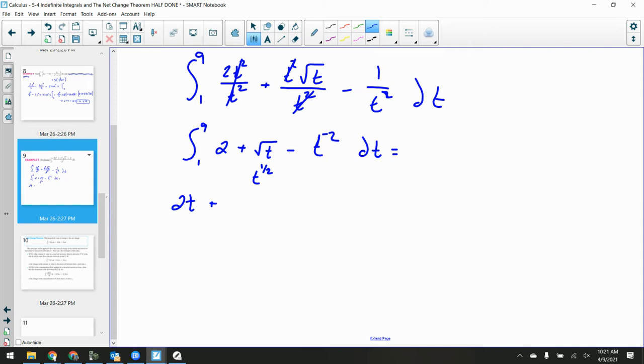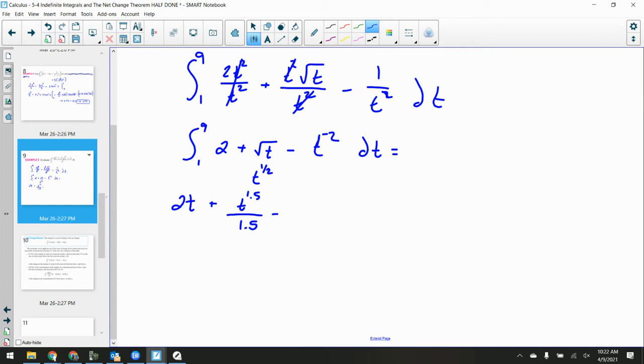So we've got t to the 1/2 power. Kick it up: t to the 1.5 power over 1.5. You're going to see the book use t to the 3/2 power over 3/2, which is 2/3 times that thing. So if you ever see a different answer with a fractional exponent like that, that's okay. That's to be expected.